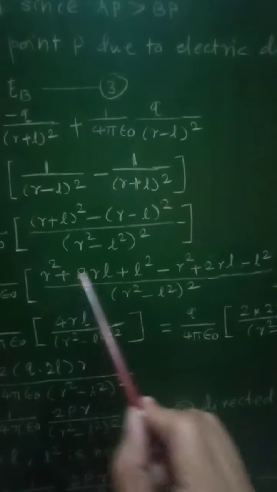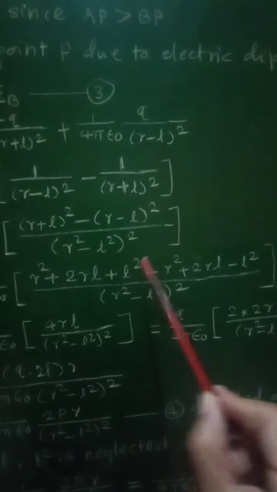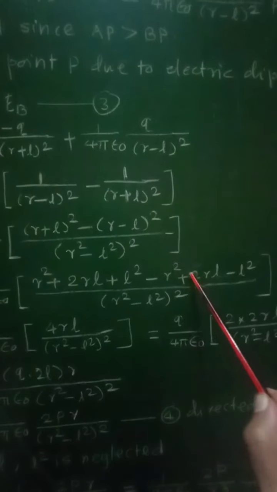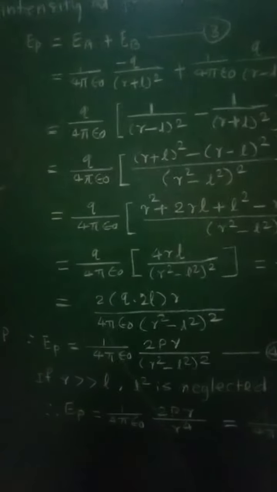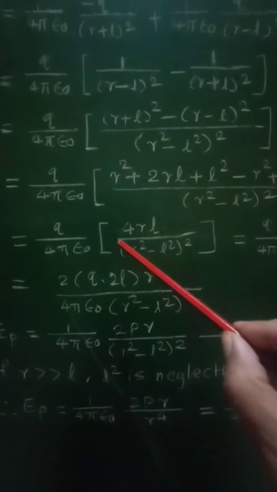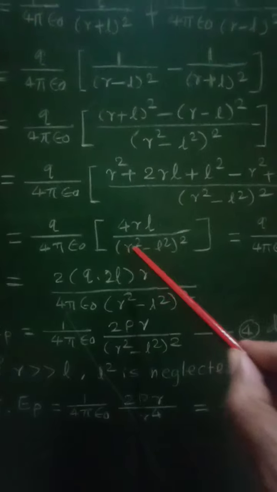Now R square minus R square and L square minus L square get cancelled, and 2RL plus 2RL gives 4RL. Therefore we can write Q upon 4 pi epsilon 0 into 4RL upon (R square minus L square) whole square.